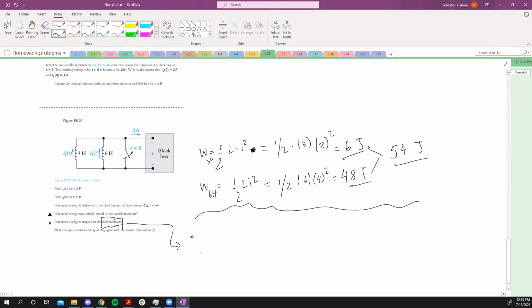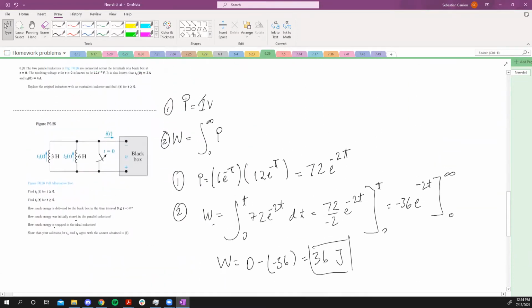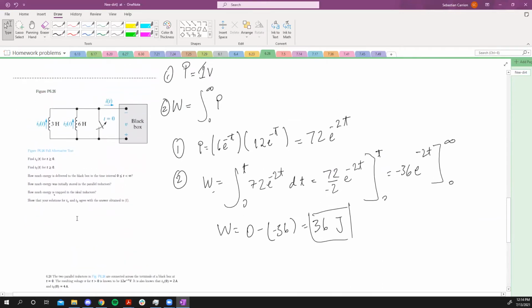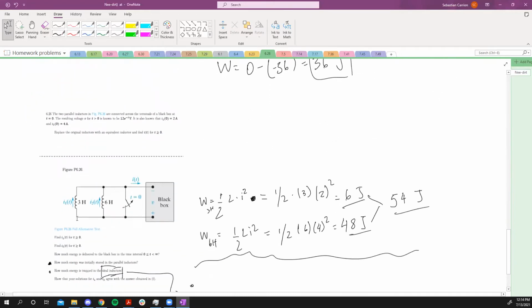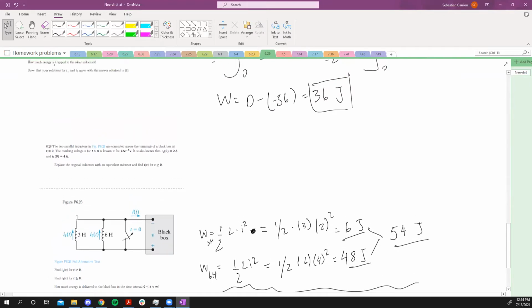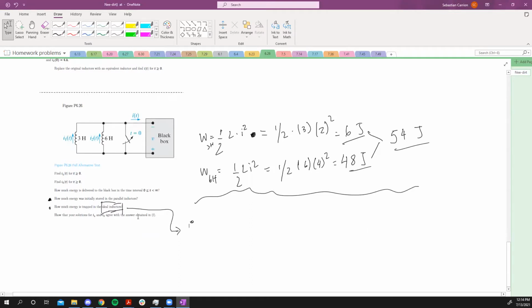We can think of this as the total energy stored, which is 54 joules, minus the energy being delivered, 36 joules.